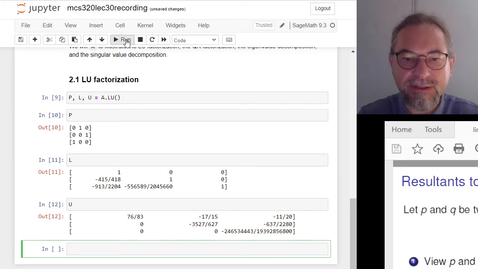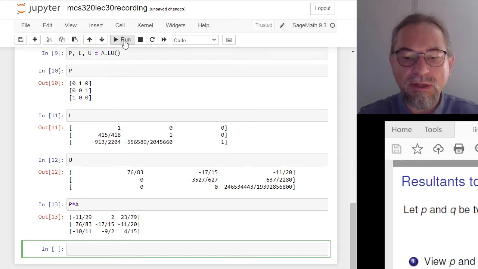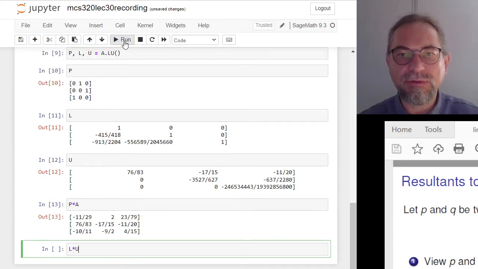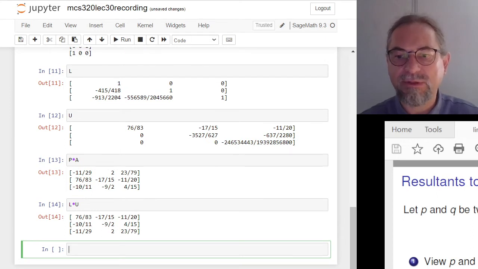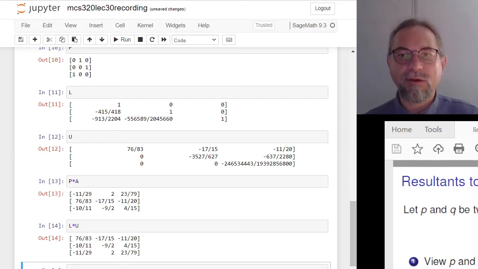And the most important thing actually is that P times A equals L times U, as you can see here. So the LU factorization leads to a permutation matrix P, a lower triangular matrix with the multipliers, and an upper triangular matrix with the upper triangular form of the matrix.